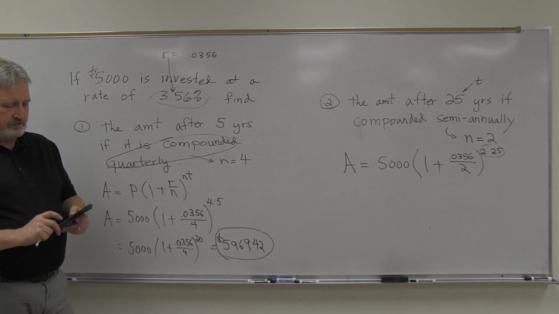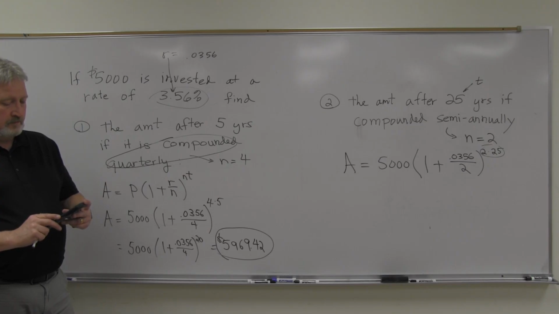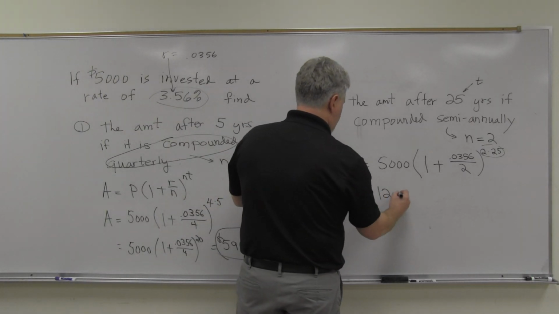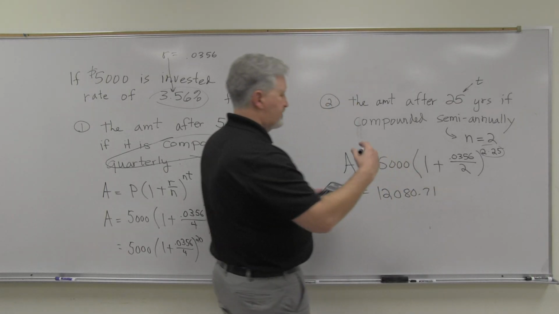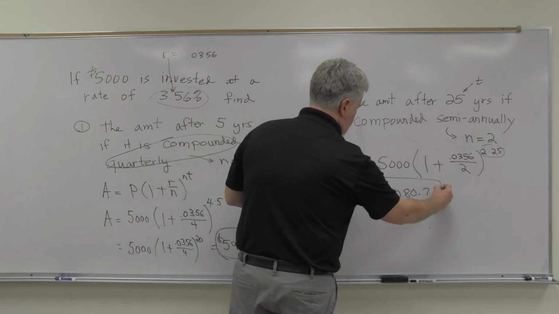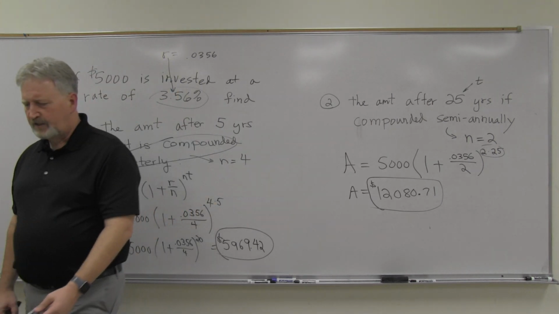Raise that to the 50th power. Yeah, so we've grown quite a bit. 12,080.70 is 0.076, so round that up to the next one there: 12,080.71. A little over 12,000.